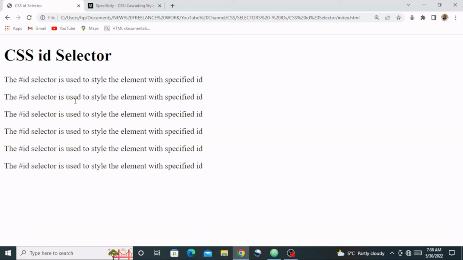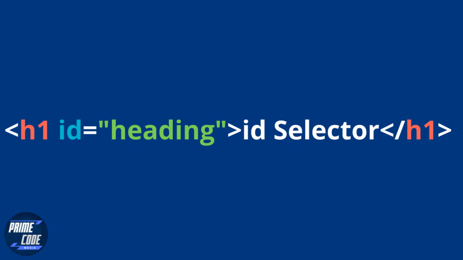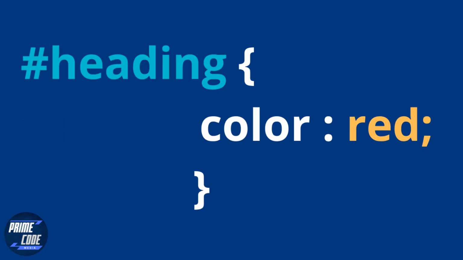Before we go any further, here's how the syntax looks. Inside your element, the first thing that you will do is to specify the ID. So the ID will be specified inside the ID attribute. This is where the ID will be named, and then in the style sheet, the ID selector will be written using the pound sign or the hashtag symbol followed by the ID name.